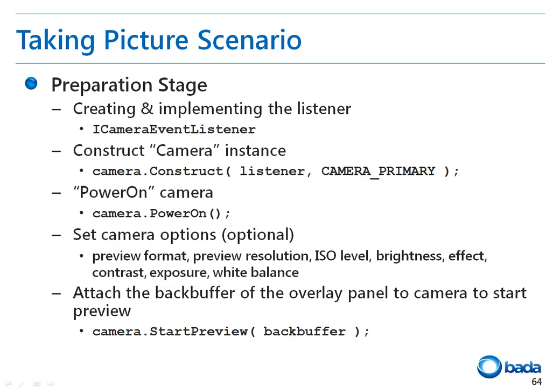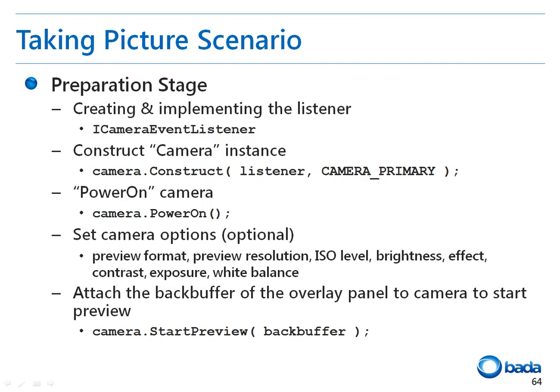I'll give you a brief introduction on the procedures to take a picture. To prepare taking a picture, create and implement the ICameraEventListener object. Then, construct the camera specifying the parameters for the ICameraEventListener and the camera device. Then, turn the camera on by using the PowerOn function of the camera.